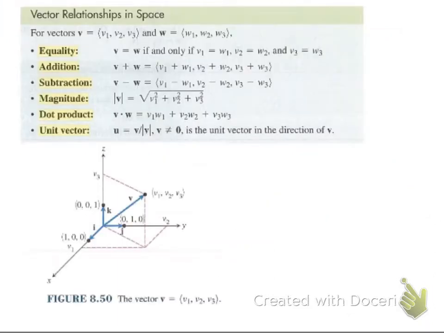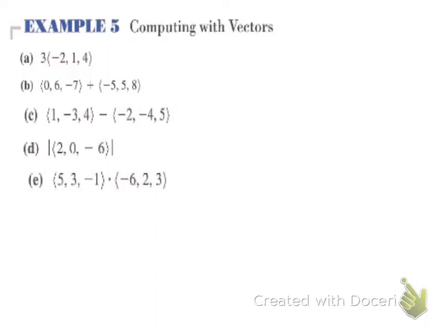So here are all kinds of different operations that you can do with vectors. It's the same as everything else. Like all the vector stuff we've done, you're just adding another component. It's the same exact thing. When you're computing with vectors, you have this 3 here, so instead of distributing to 2 components, you're distributing to 3.